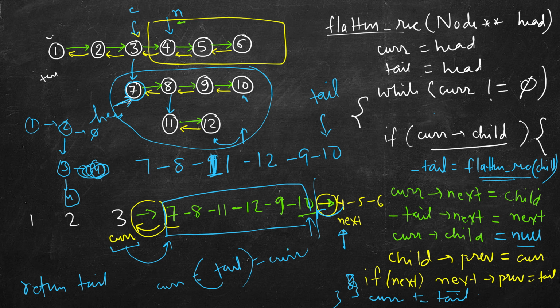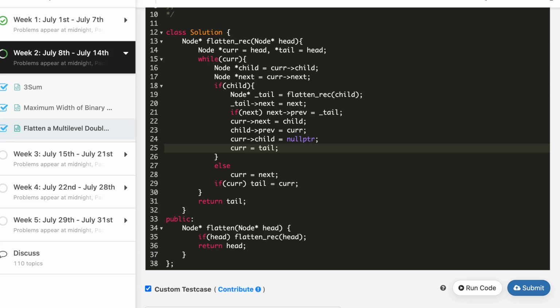And we are not using any extra space, only the recursion stack will hold some values, but that is generally not counted in space complexity. But it's good that you understand that space will be occupied by that recursion stack. So if you are doing it iteratively using a stack, then there you would use a similar amount of space.